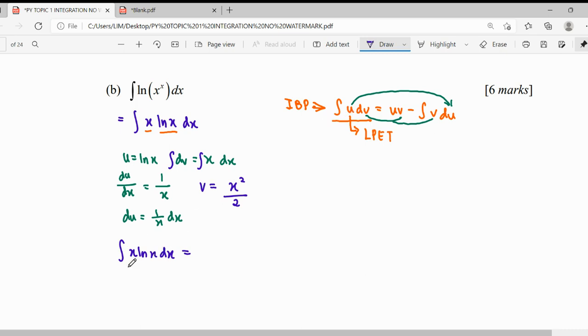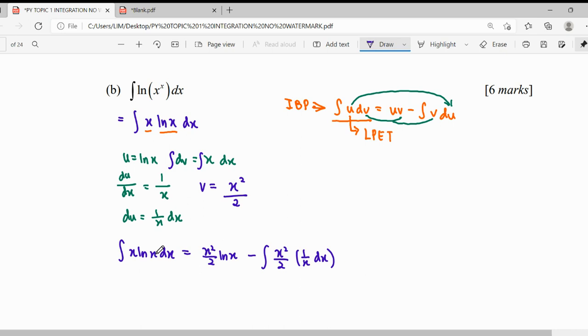Integrate u dv equals uv. Times your u with the v here, it will give you x squared over 2 ln x. So uv minus integrate v du, where du is 1 over x dx.